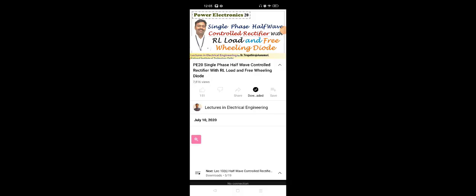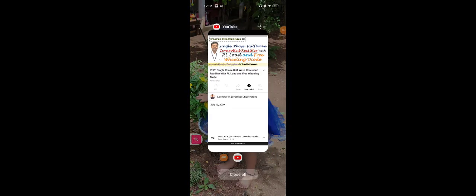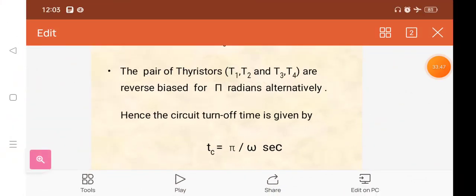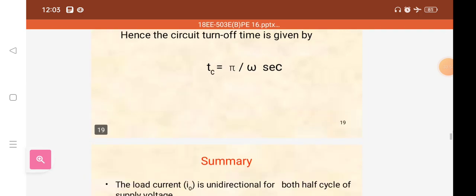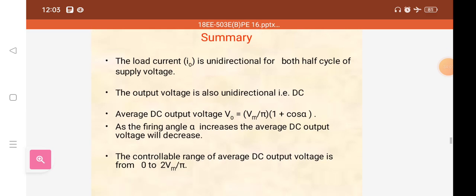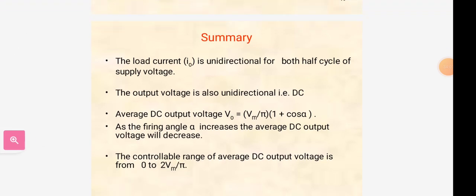Hi all, today we are going to discuss single phase half. So now we watched the video for the single phase full wave fully controlled converter using resistive load. Let us just discuss it briefly.